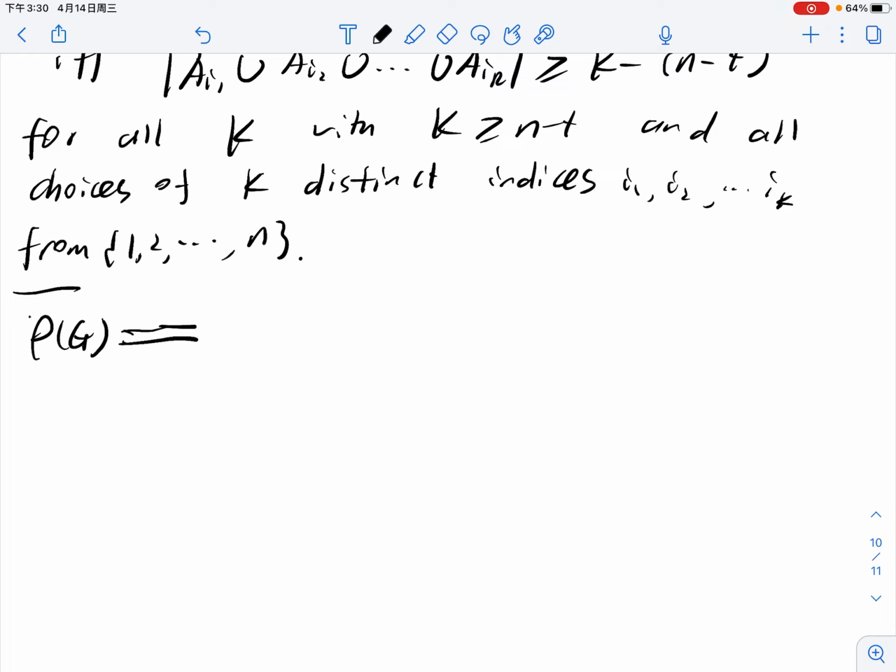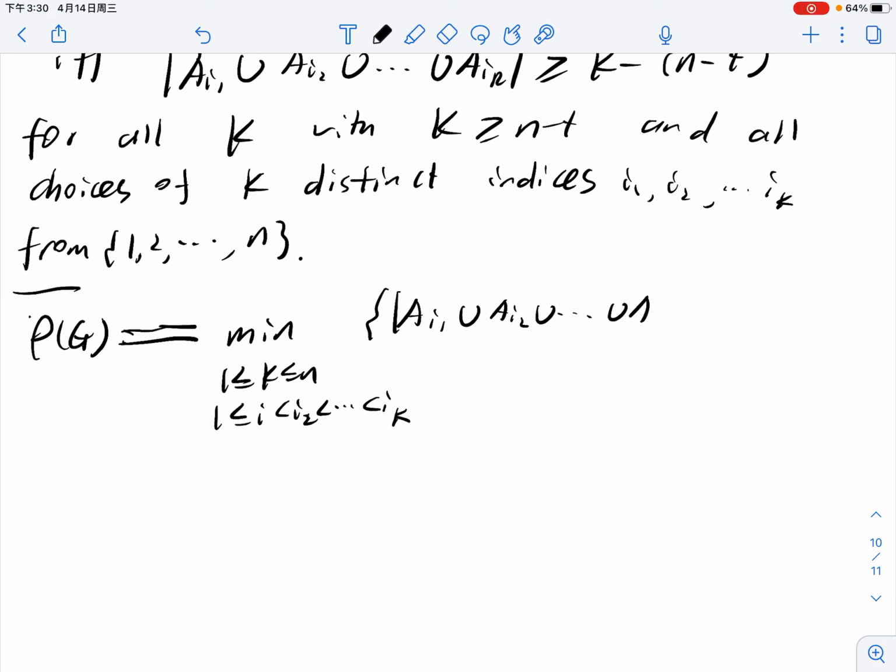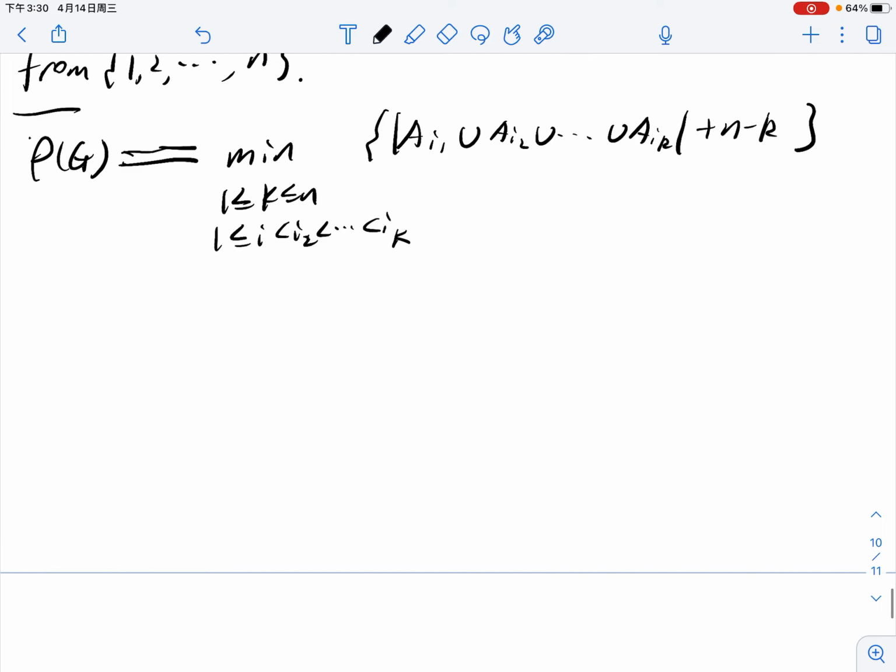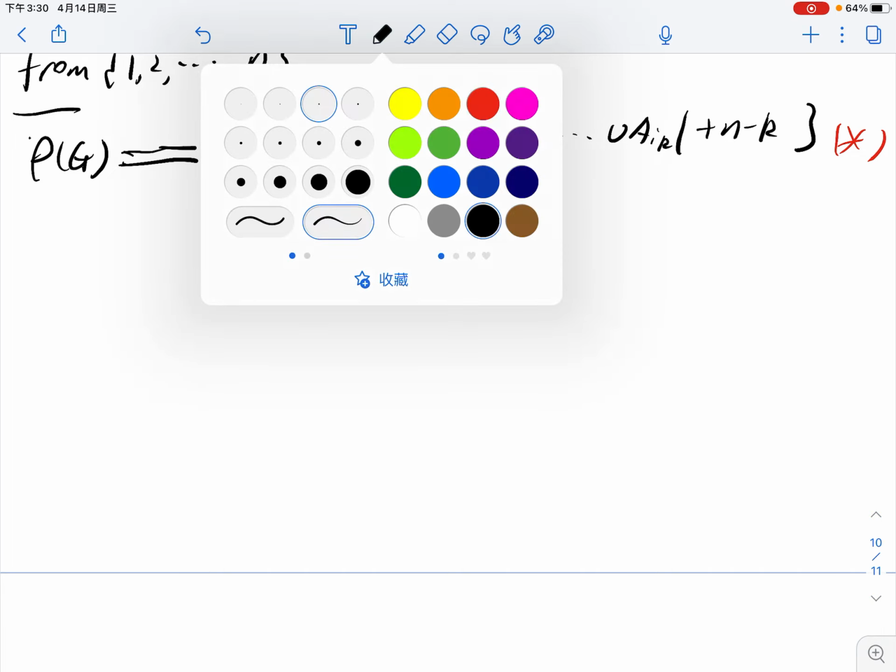The rho(G), the matching number, is the minimum over all k of the cardinality of the union plus n minus k. Asterisk.